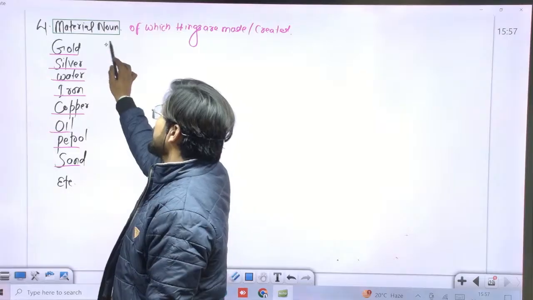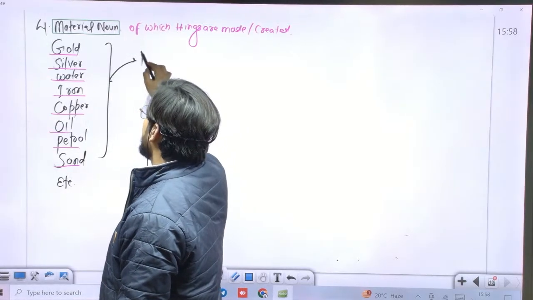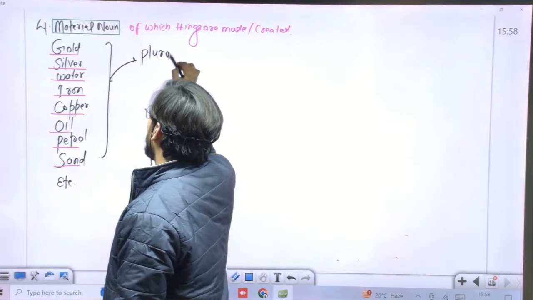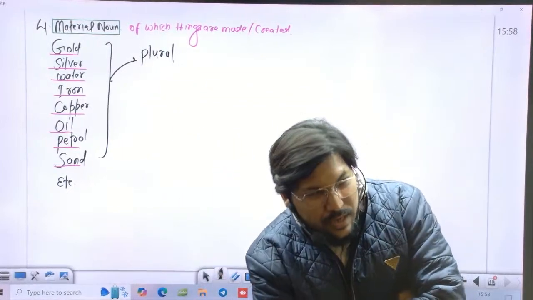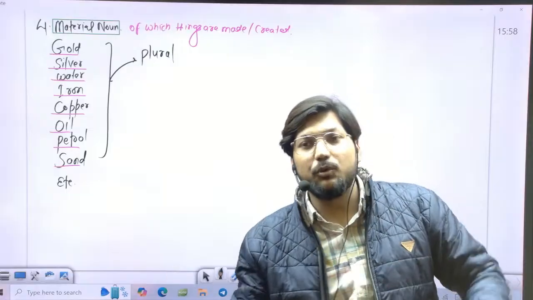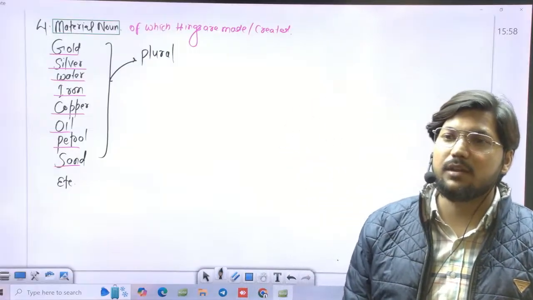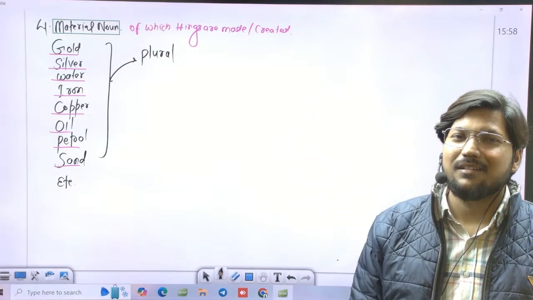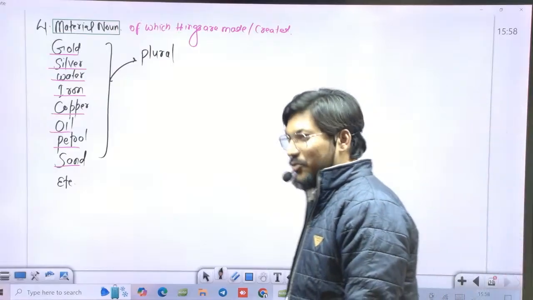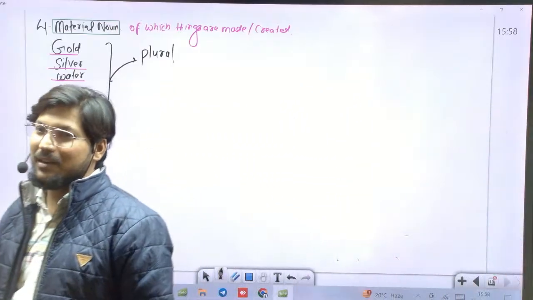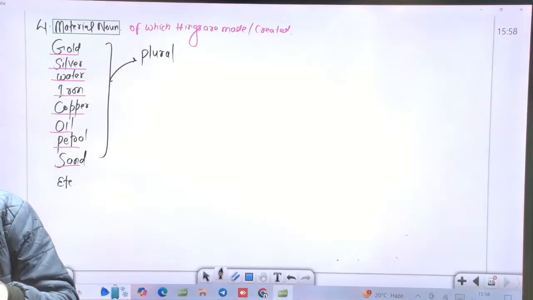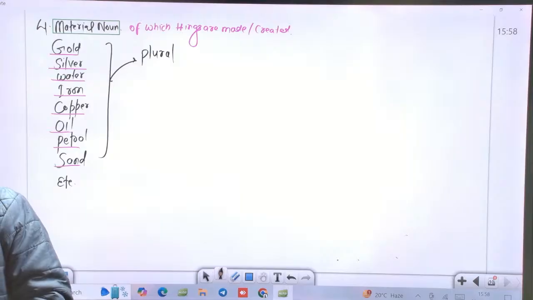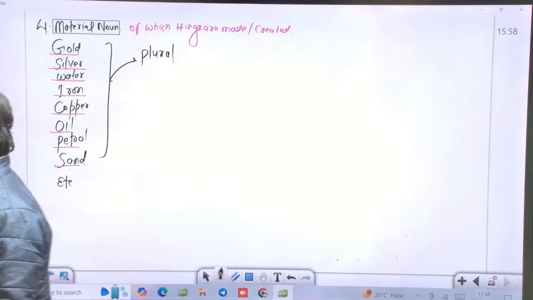Okay, my next question is to you. Can we make plurals of them or not? Can we pluralize them? Correct or not? Yes, we can. But if we make them plural, their meanings change. Take a note fast.